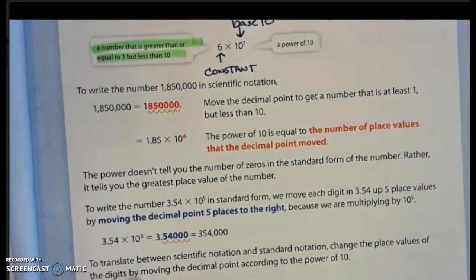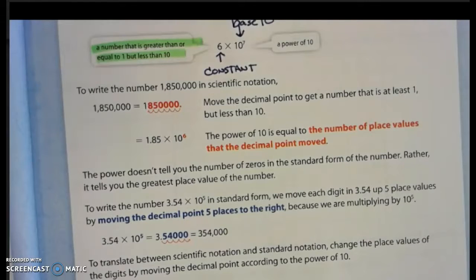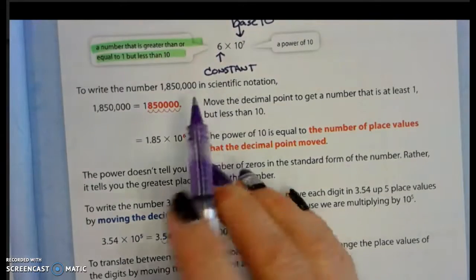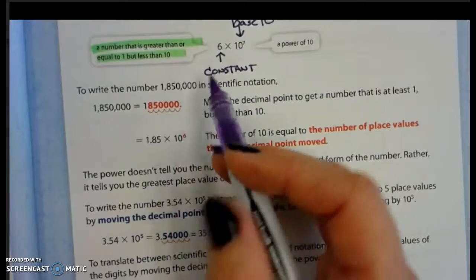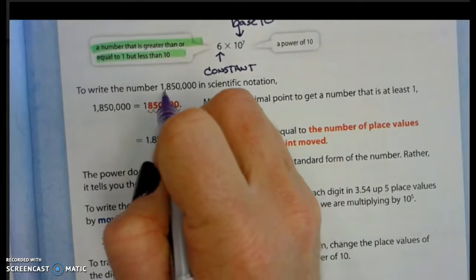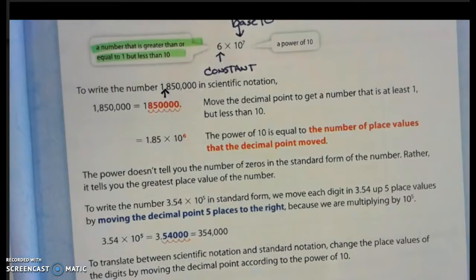To write 1,850,000 in scientific notation, you've got to change this 1,850,000 to a number between 1 and 10. Okay, it has to be less than 10, but it has to be greater than 1. So we're going to put the decimal between the 1 and the 8 to make it 1.85, a number that is greater than or equal to 1 but less than 10.